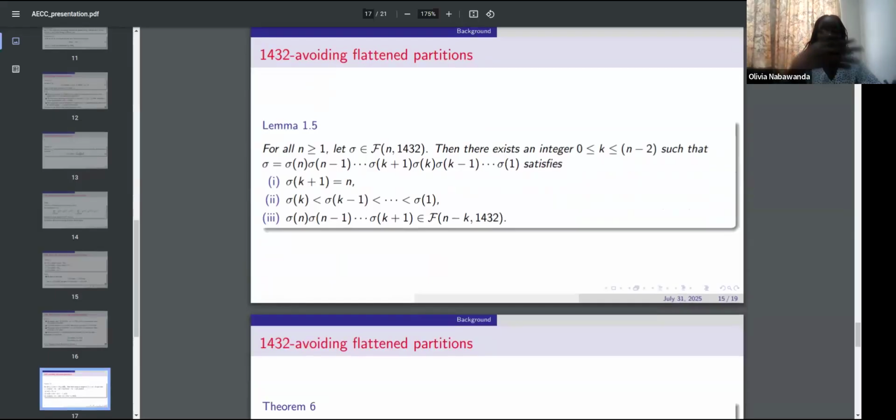So now let's try to look at additional properties of the 1432 avoiding flattened partitions.